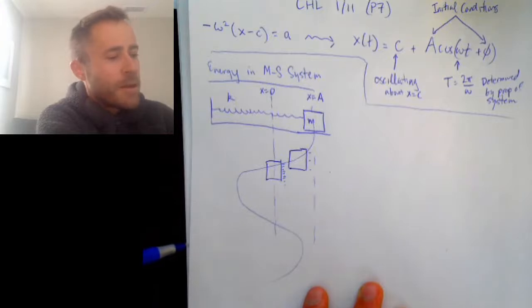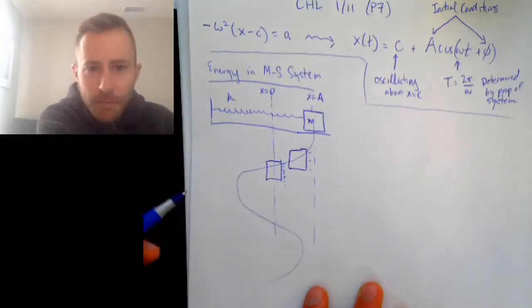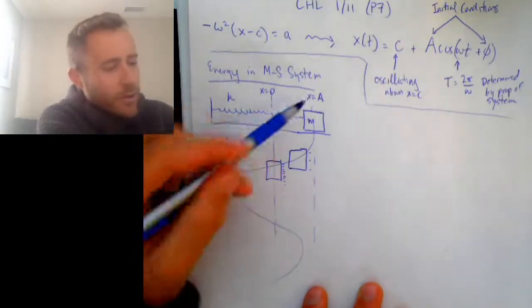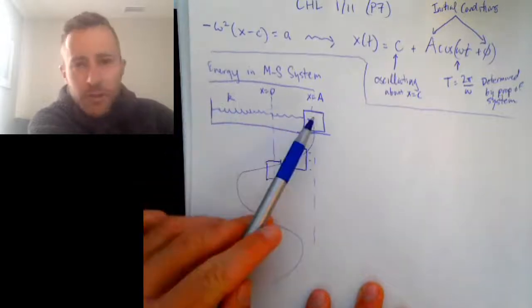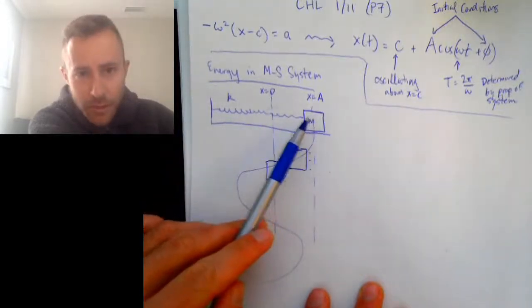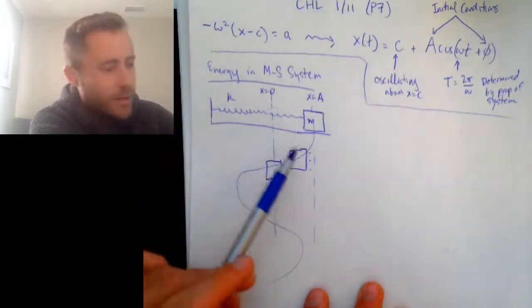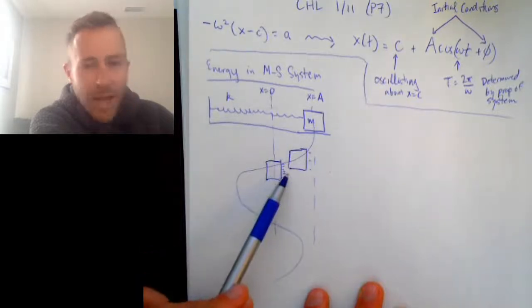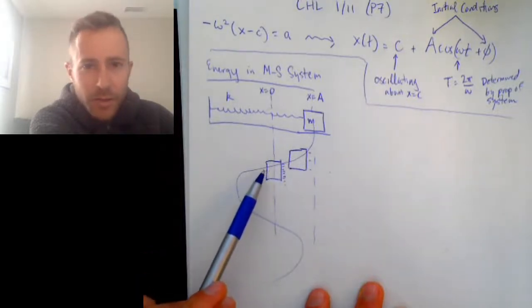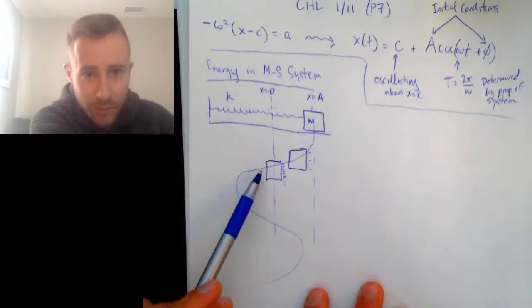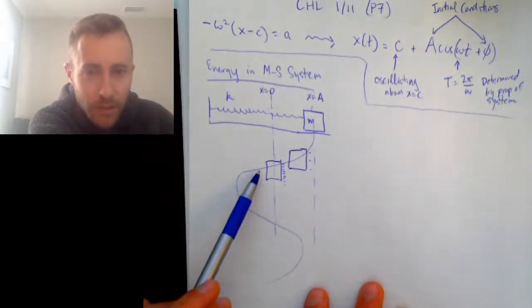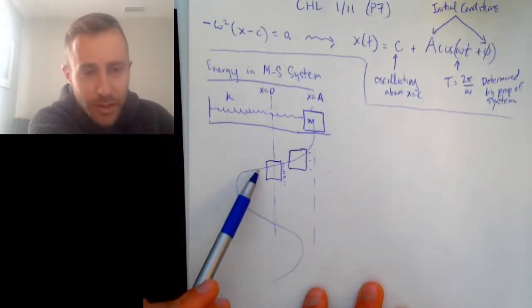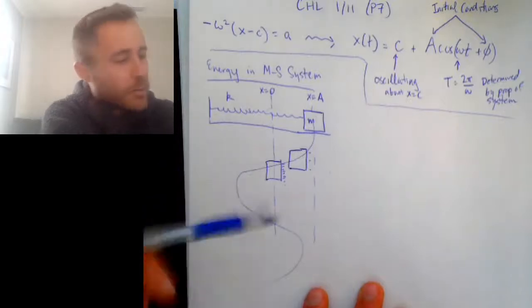The reason for that is that the mass spring system is losing elastic potential energy and gaining kinetic energy. Once it passes by x equals 0, it then starts compressing the spring, so it starts losing kinetic energy and regaining its elastic potential energy.